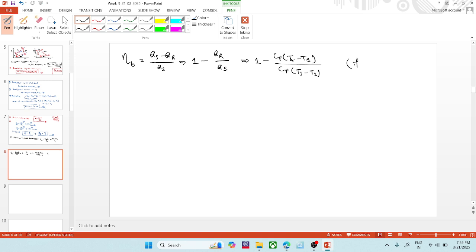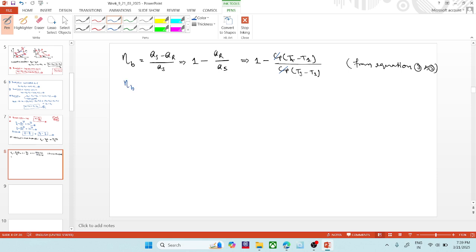This is simply from equation 3 and 5. Okay. So this Cp would be cancelled out with this Cp.